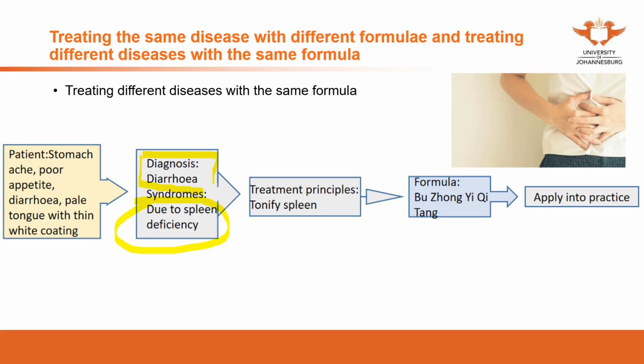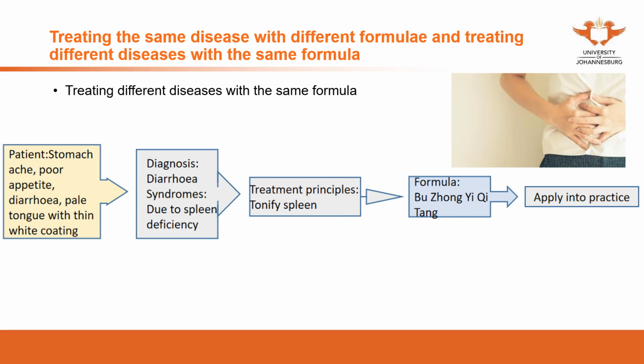That's from the symptoms and signs, especially the pale tongue and thin white coating. And then the treatment principle will be tonifying the spleen. The formula we choose is 补中益气汤. This is also a herbal medicine formula to tonify the spleen, and then we apply it into practice.